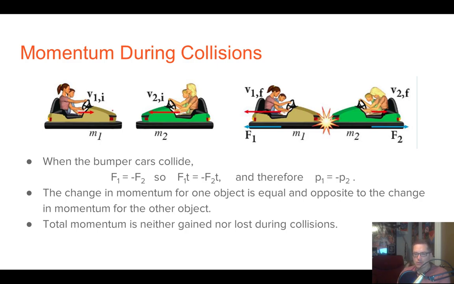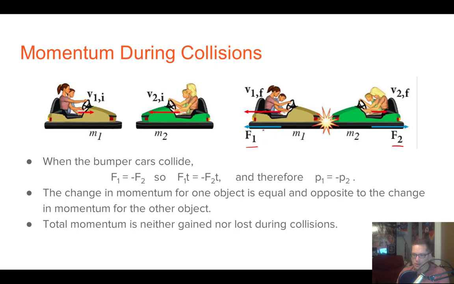So if we have these two bumper cars, and this bumper car is going at some initial velocity to the right, and then the one on the left is going faster, with some initial velocity, and they've got two different masses. We know that when they collide, their forces are going to be equal and opposite to each other, right? F1 is going to be equal to F2, but one will be the negative of the other because it's facing the opposite direction, and they're vectors, right? So you have to give them the direction.